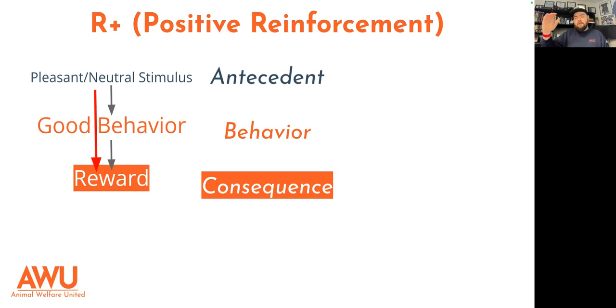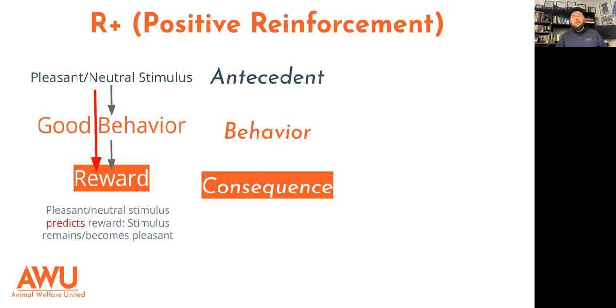If the dog learns that that pleasant or neutral stimulus predicts a reward, and we've got some classical conditioning happening there, what do we get? We get a stimulus that is pleasant. The dog likes it.